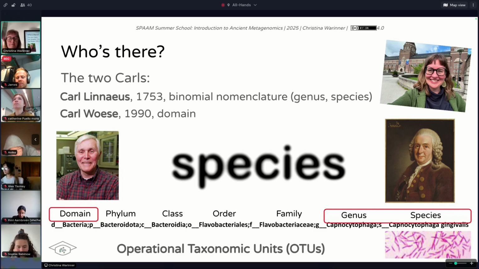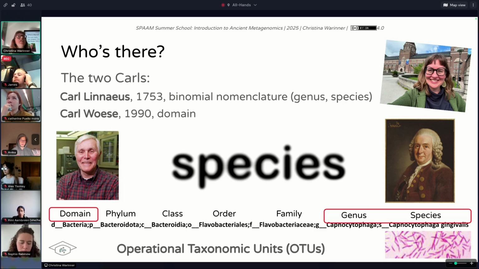Now, the problem, though, is because it's very difficult to define a microbial species, and because oftentimes we have to base it off of less direct methods, maybe only a set of marker genes or various types of ways to infer different characteristics of these microbes, we often talk about operational taxonomic units rather than a species. So the species is the ideal. It's our idea that there is a real relationship between these organisms and a relationship between their taxonomy and phylogeny, but that phylogeny may not always be known to us.